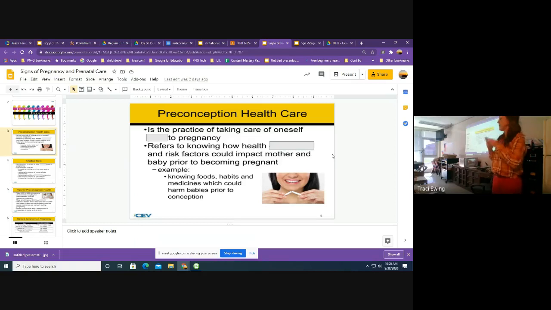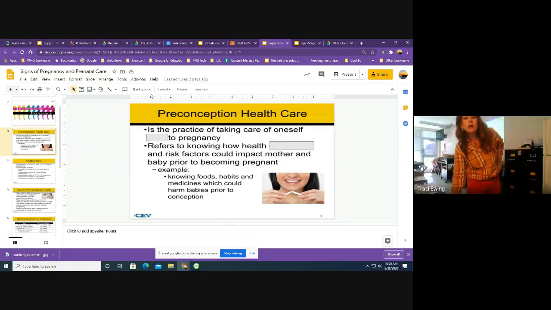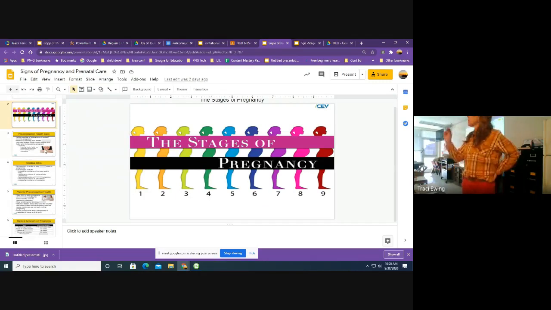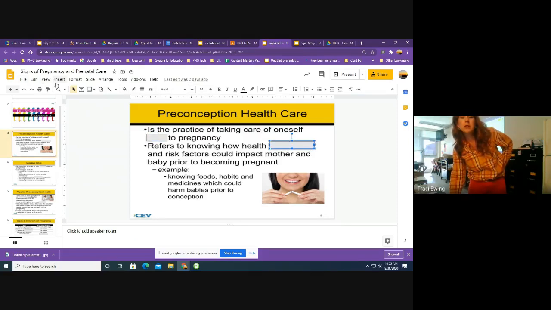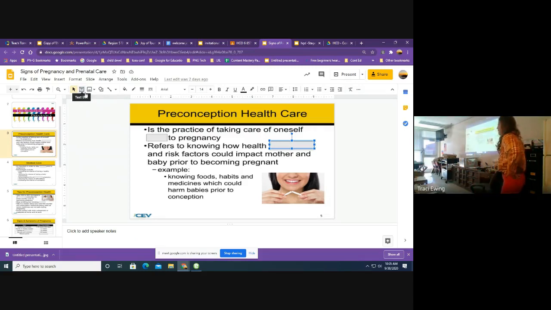I screwed up, my mistake. What I did to make it work is I put a text box over the blank. So what you'll need to do is just click on that if there's not one there. And you'll just insert a text box. So you can go to insert text box, or you can go to the little box with a T in it for text, and insert that over the blank and type what you need.